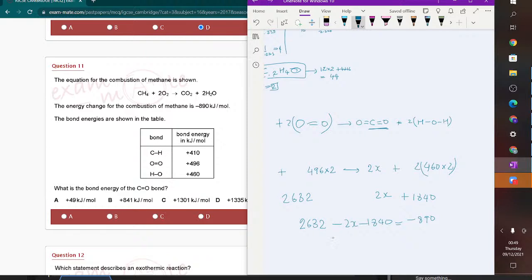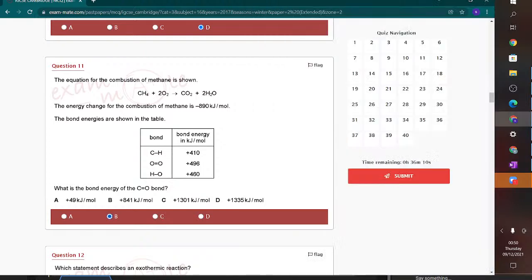That gives us 792. 792 plus 890 is 1682, equals 2x. And that's 841. So the answer is B.